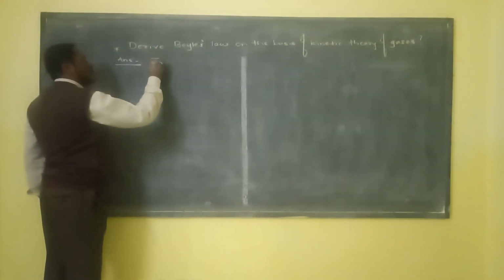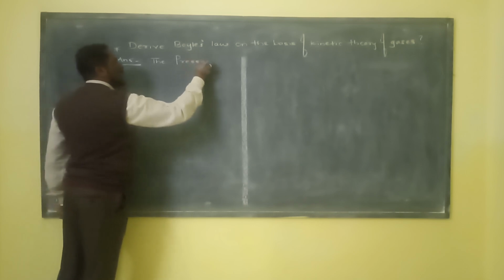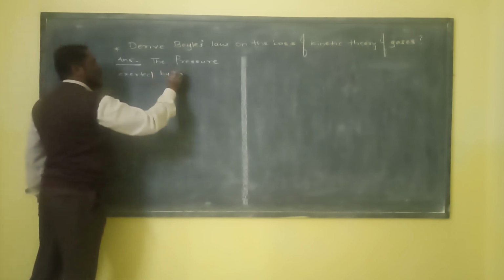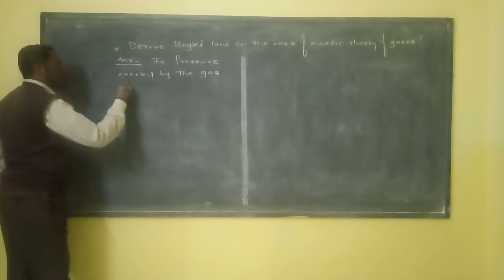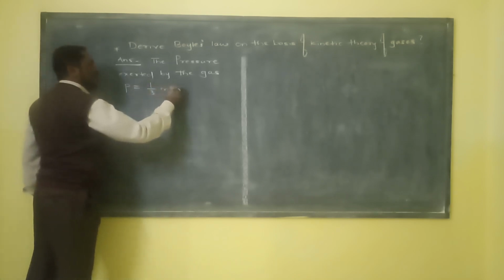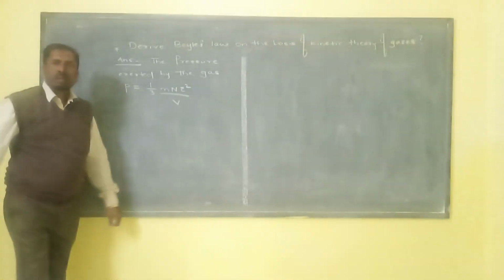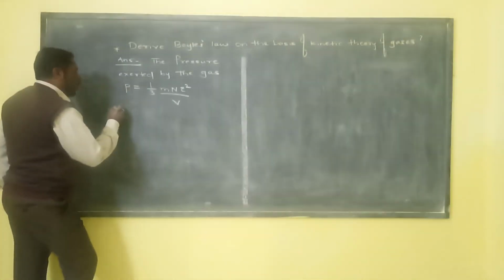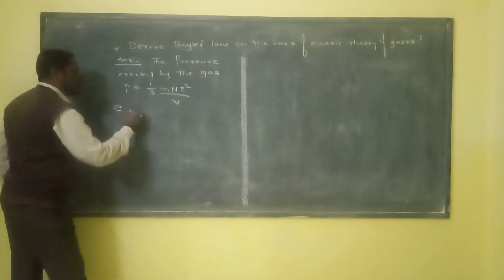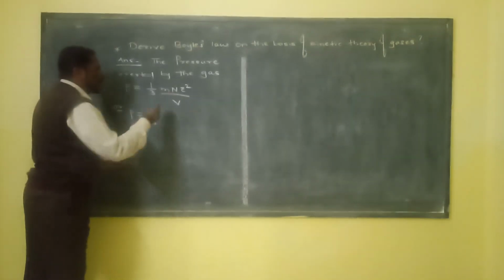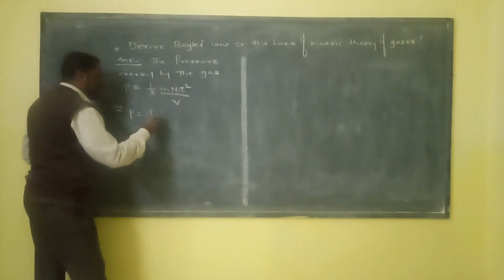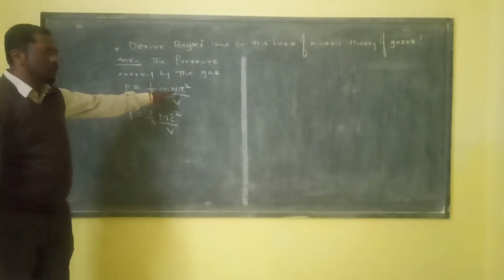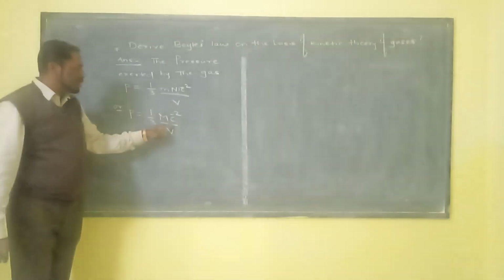Let us consider the general formula for the pressure exerted by the gas: P is equal to 1 upon 3 mn c bar square upon V. Or it can also be written as P is equal to 1 upon 3 capital M c bar square by V, where capital M comes in place of mn.